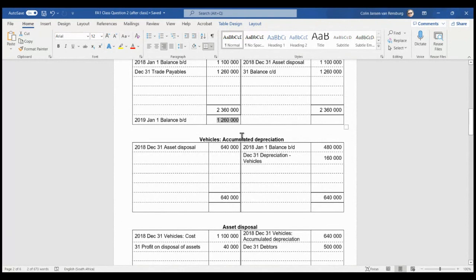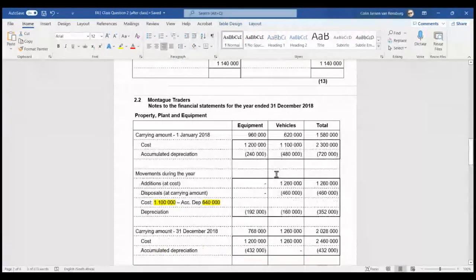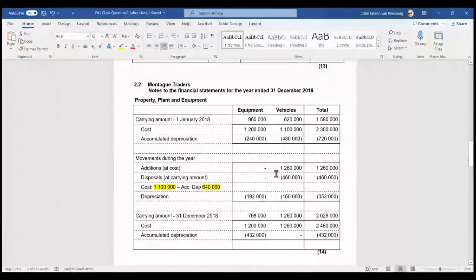The balance is 1.26 million, so we don't even need to calculate it in our table. You can take it straight from your ledger account, but I always suggest that you do the table as well. So it's 1.1 million minus the 1.1 million plus the 1.26 million must give you 1.26 million.